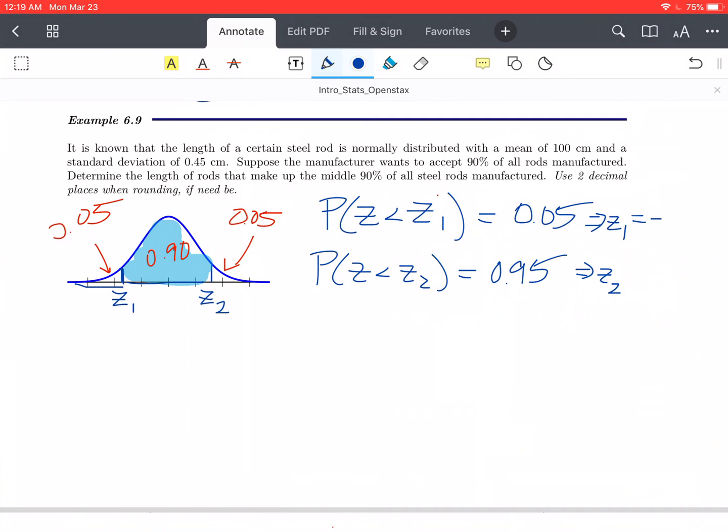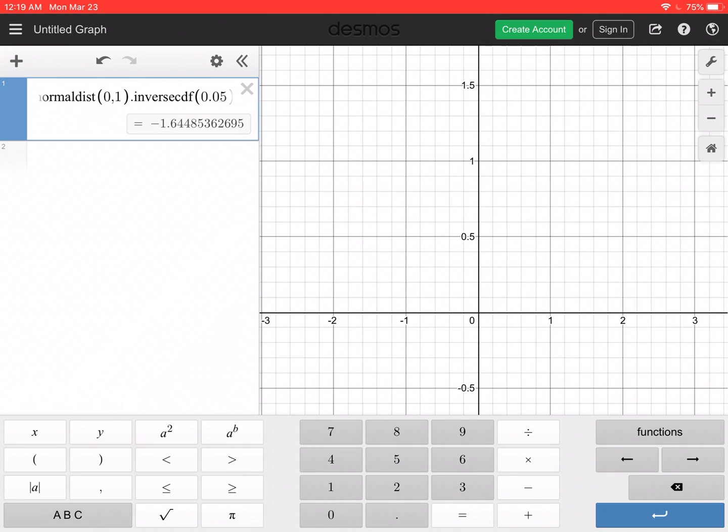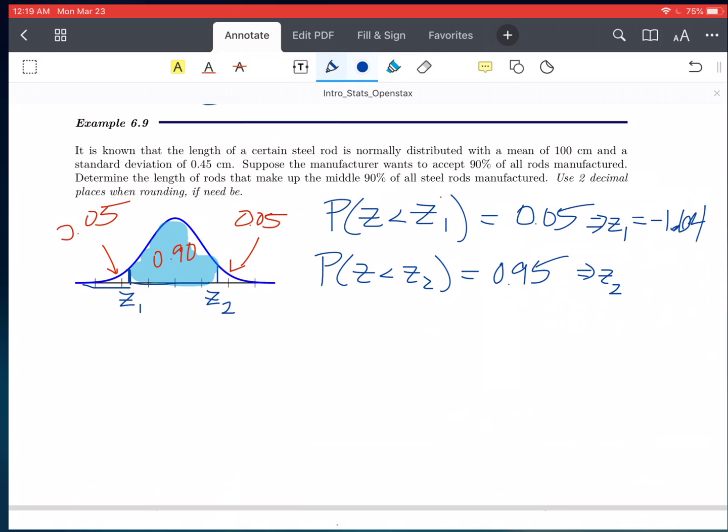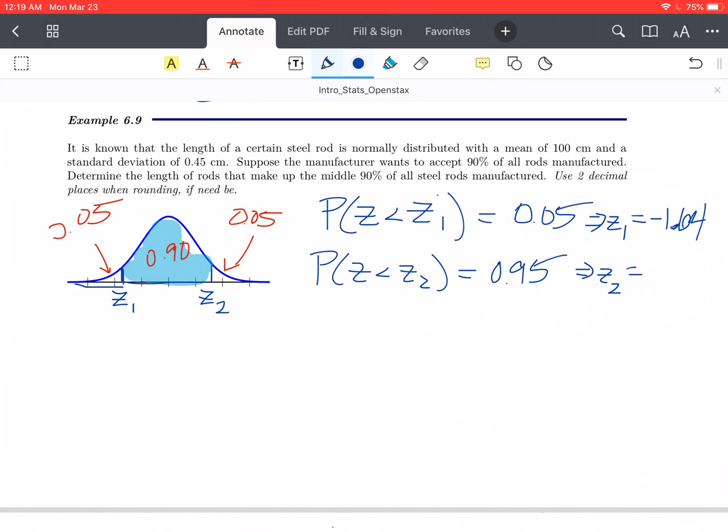And then the other one, if we have 95% of the data below it, that's positive 1.64. Hopefully that's not too surprising that these values are the same, but just opposites, because it's symmetric, right? So it makes sense that they would be symmetric across 0.